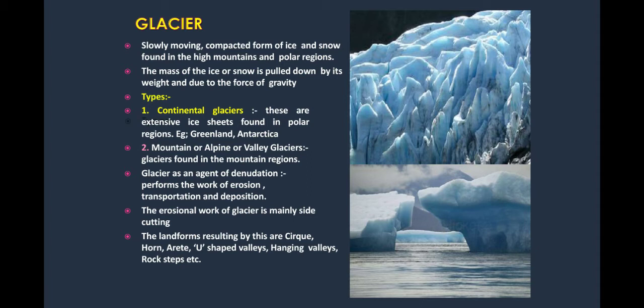Now all are familiar. Glaciers are slow-moving, compacted forms of ice and snow found in the high mountains and polar regions. The mass of ice or snow is pulled down by its weight and due to the force of gravity. Here you need not worry about all the types. Only for your information, you should know what a glacier is.